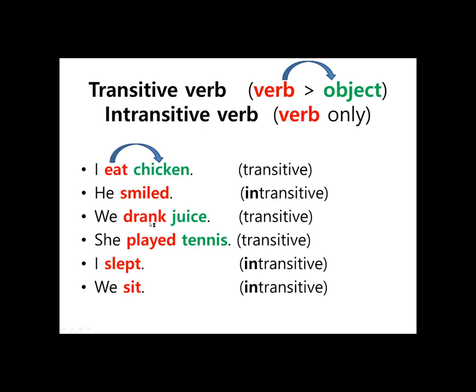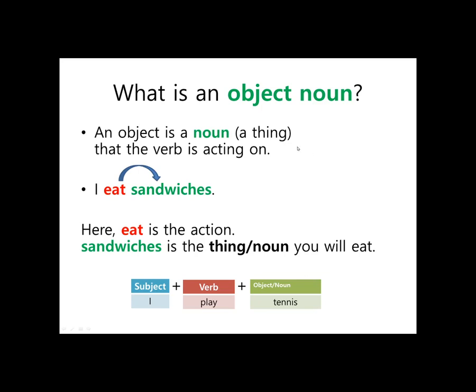Okay, that's confusing and difficult, so we will take it one piece at a time. First, let's look at object nouns. So what is an object noun? An object noun is a noun, a thing. Remember, a noun is a thing that the verb is acting on.